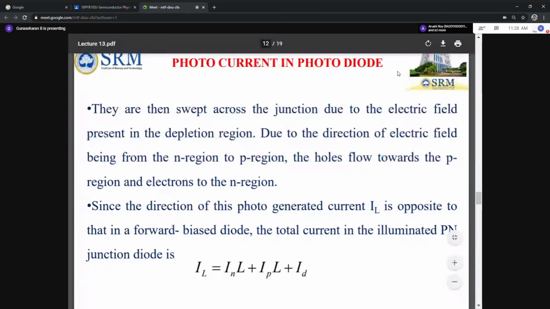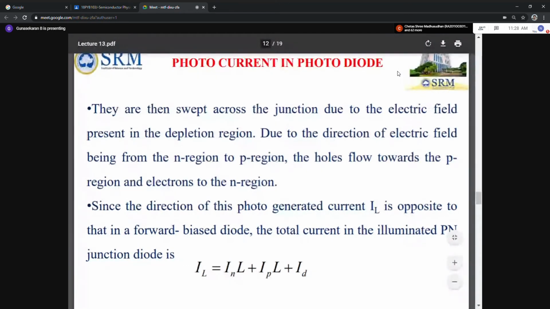The direction of the electric field is from the N region to the P region, so the holes will flow towards the P region, and electrons move towards the N region.